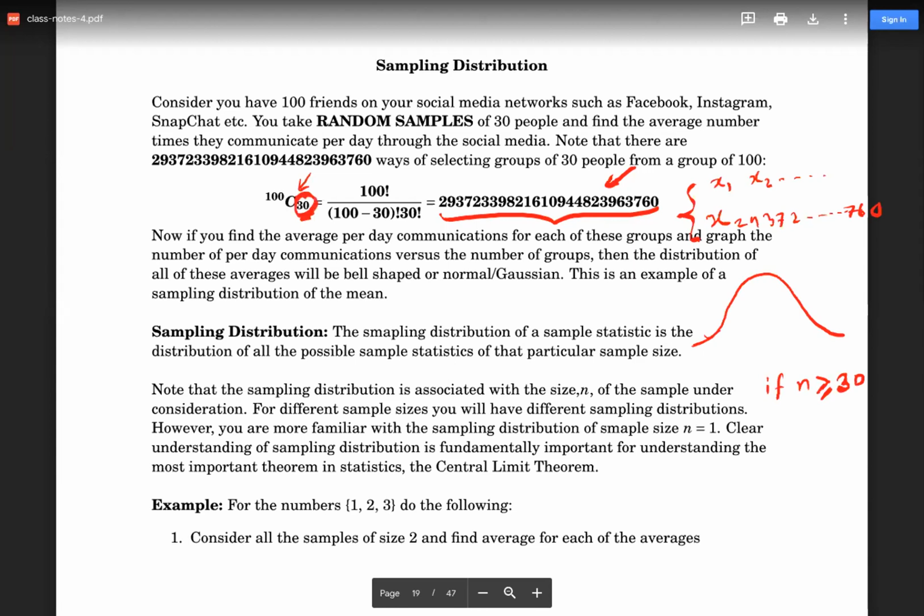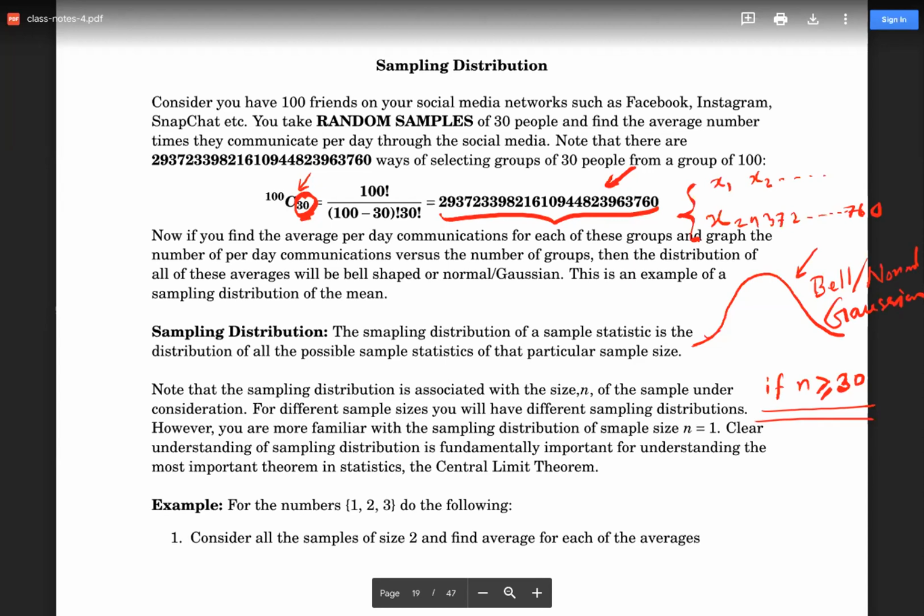If n is greater than or equal to 30, your sampling distribution is always going to be bell-shaped, normal, or Gaussian. Remember, sampling distribution is the distribution or shape of all the sample averages of the sample size under consideration.